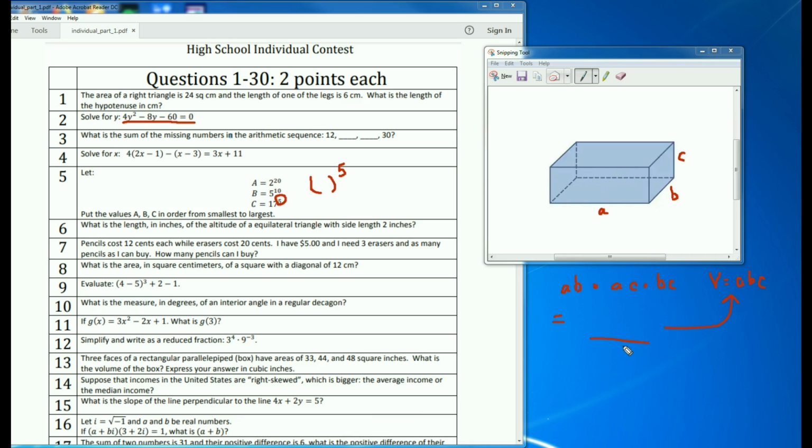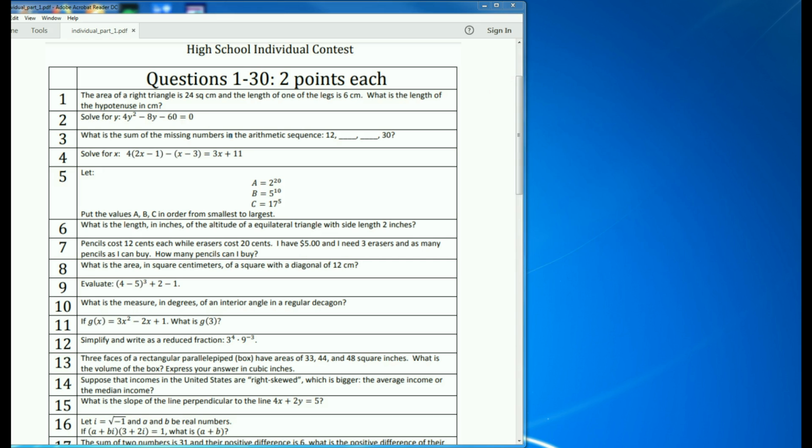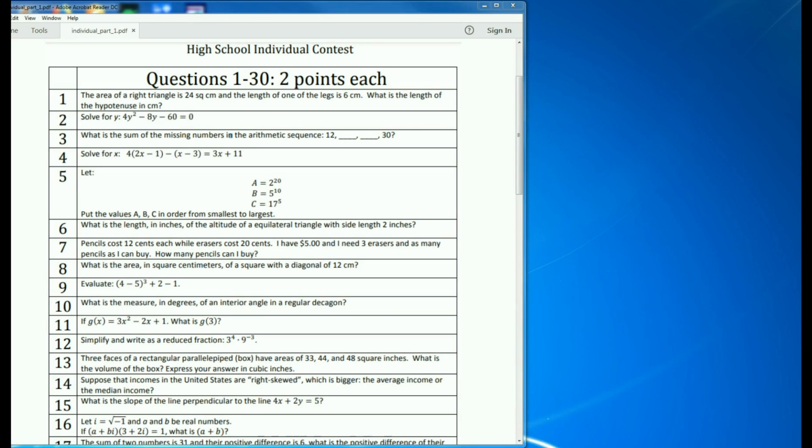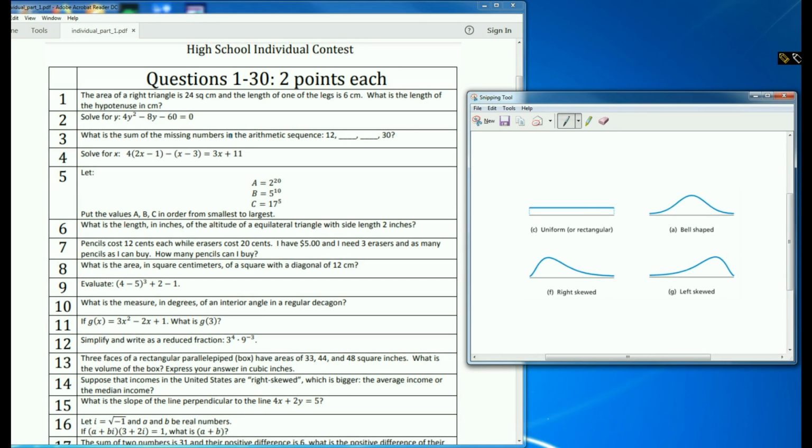Okay, I'm gonna erase this stuff and drag over a different picture. All right, so this one is regarding number 14. I'm just not sure if you guys have maybe ever heard of, say, a right skewed or a left skewed distribution before.